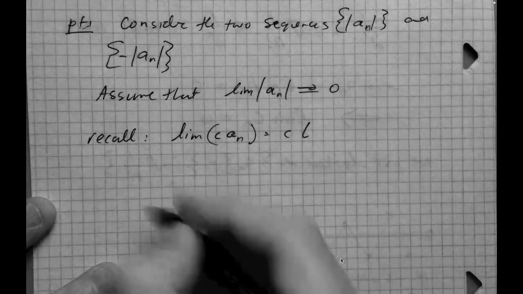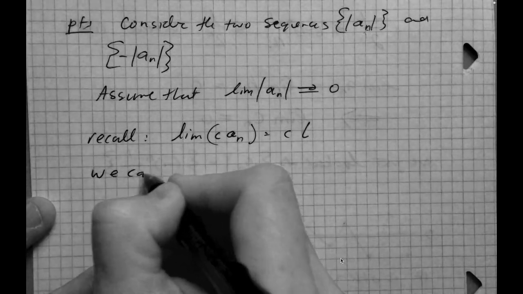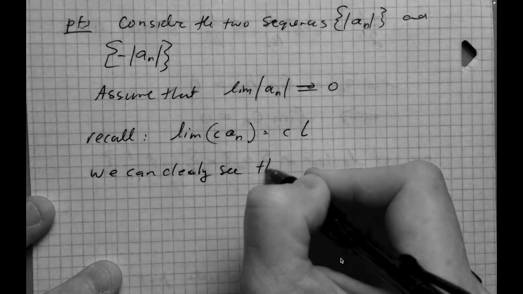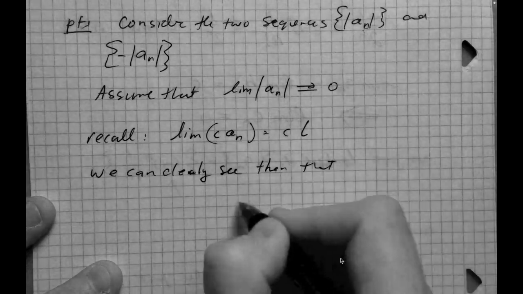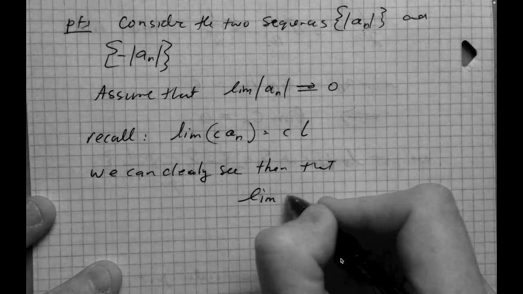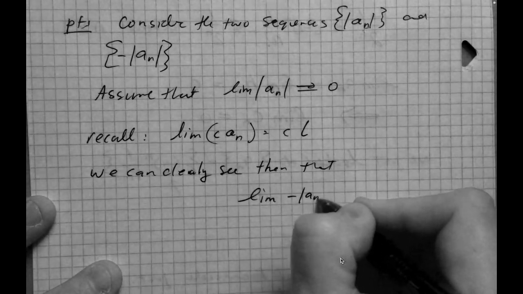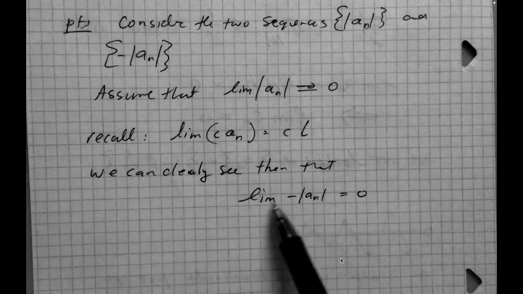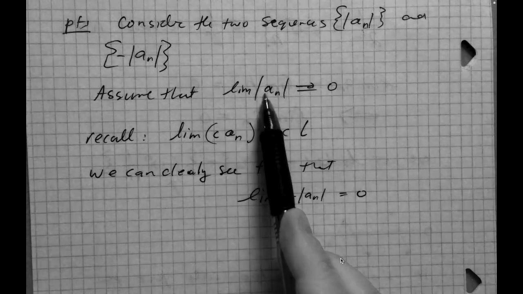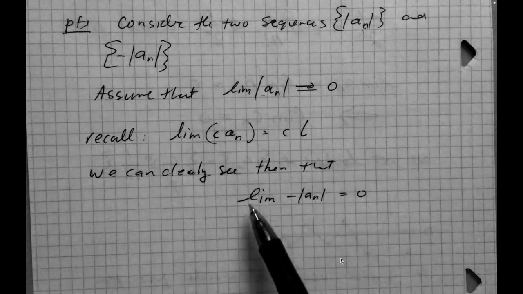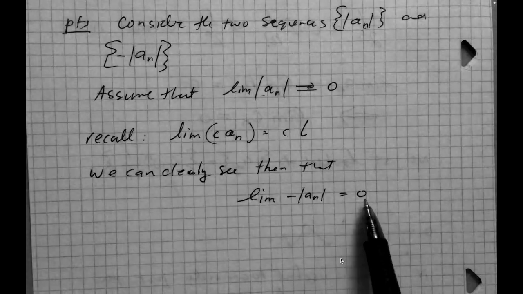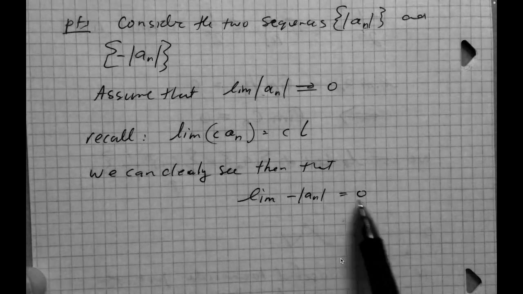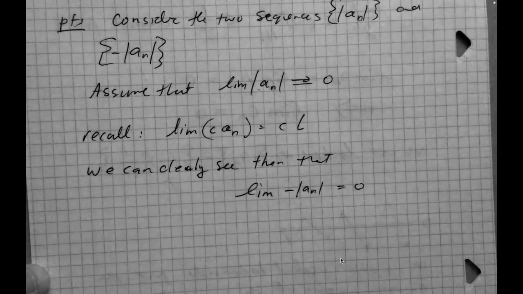Given that, we can clearly see that the limit of negative absolute value of a of n will be 0 as well. The limit of the absolute value of a of n was 0, so this limit should be -1 times 0, which is 0. That's good.